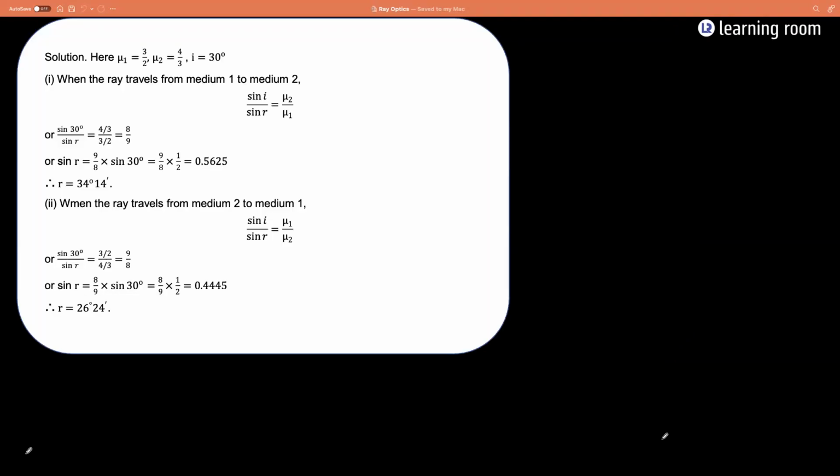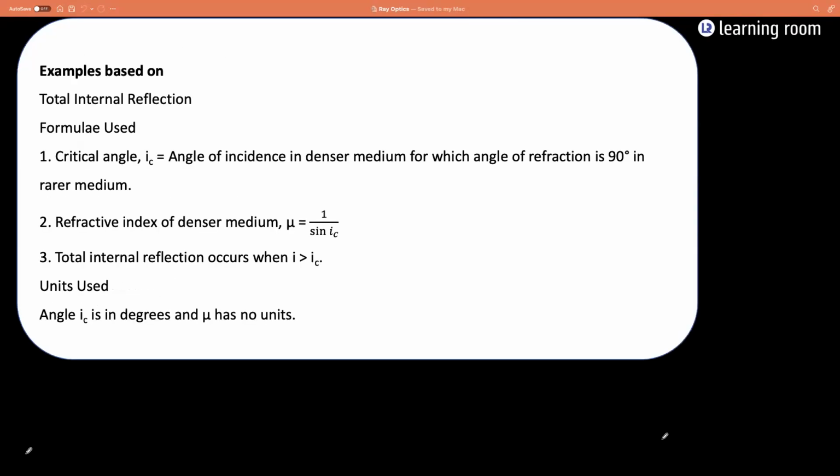Now we'll try out some problems that are based on total internal reflection. So what do you mean by total internal reflection? When a light ray is traveling from denser to rarer medium, and when the angle of incidence is greater than an angle called the critical angle, then the ray will start bending back into the same medium.